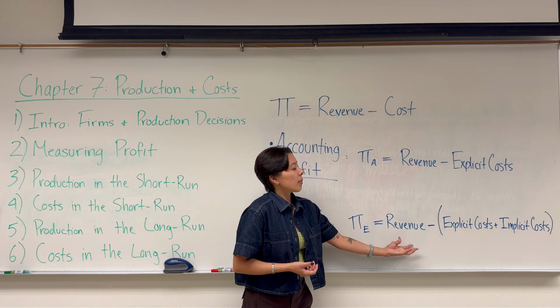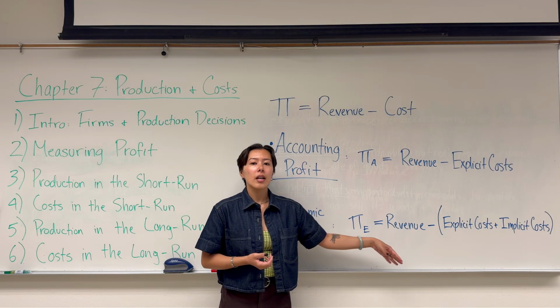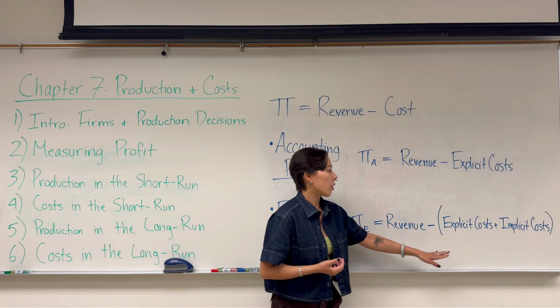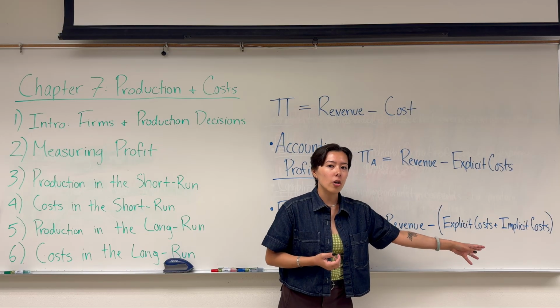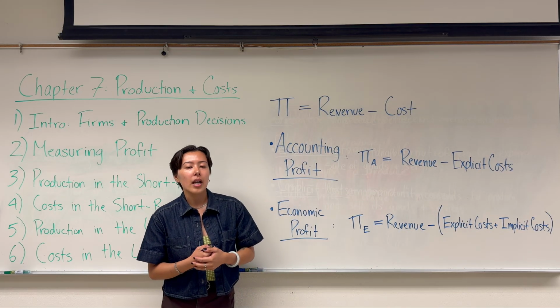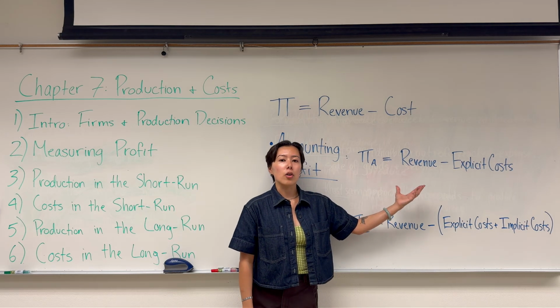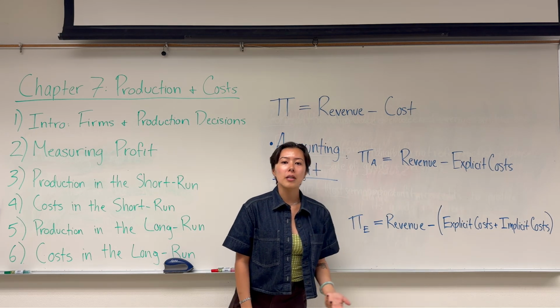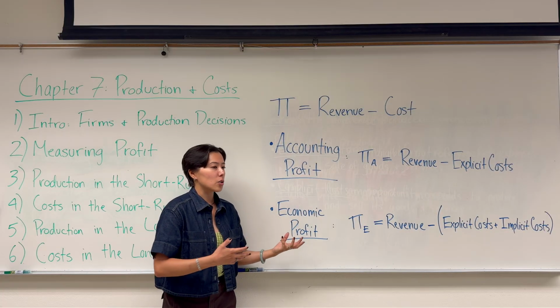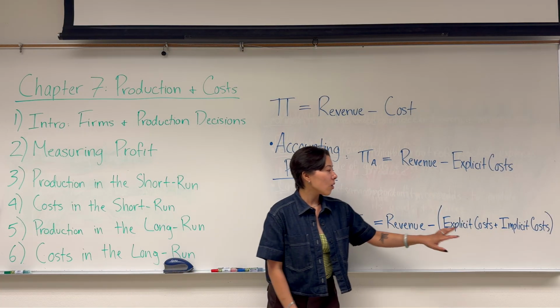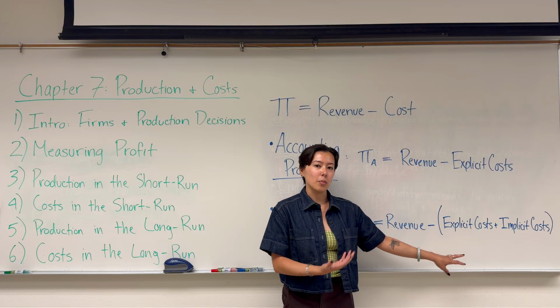And to calculate economic profit, we're going to start with our revenue. And from that, we're going to subtract both our explicit costs and our implicit costs. So when we calculate economic profit, we're not just looking at the difference between earnings and all of those tangible expenses. We're looking at the difference between earnings and all of the costs that the business has experienced.